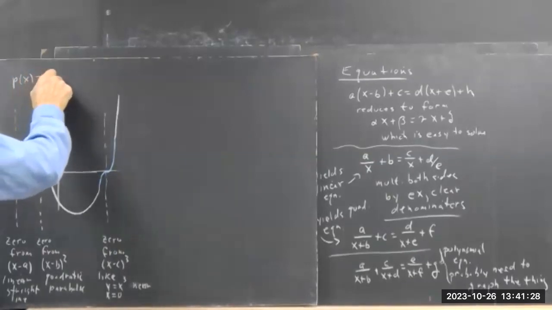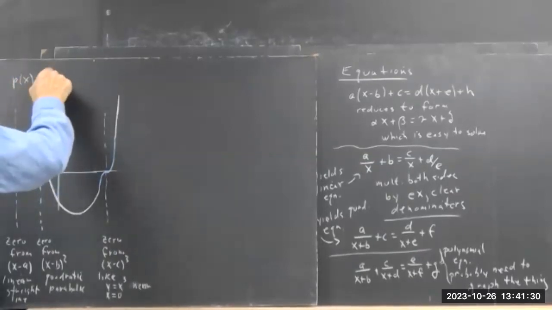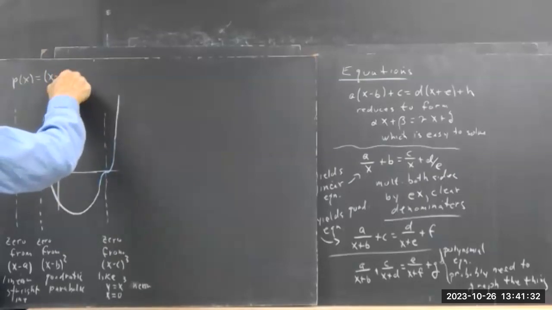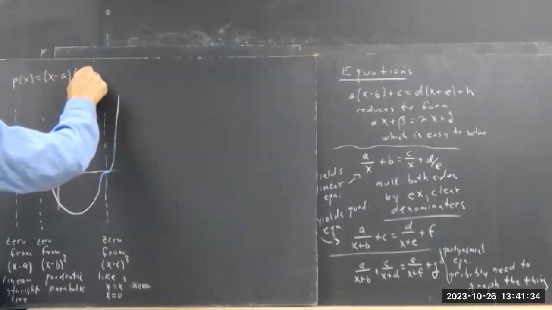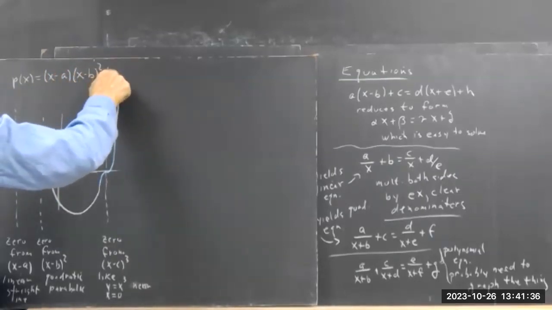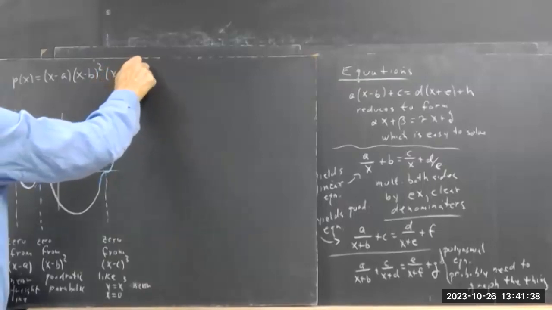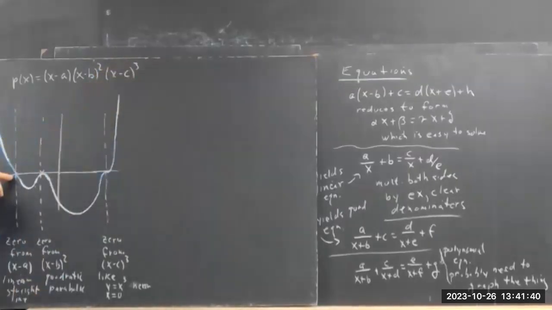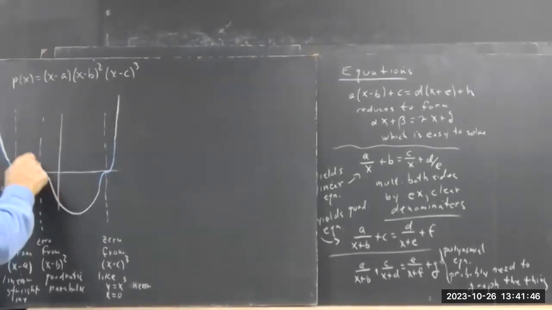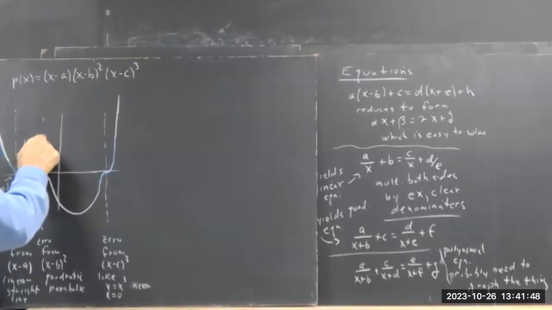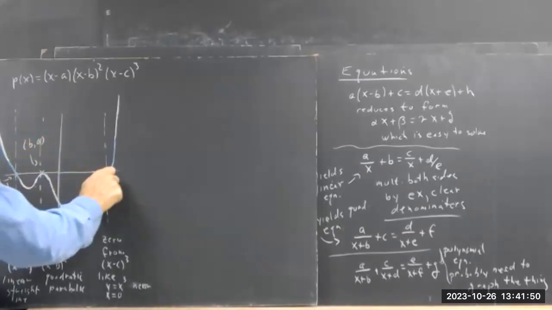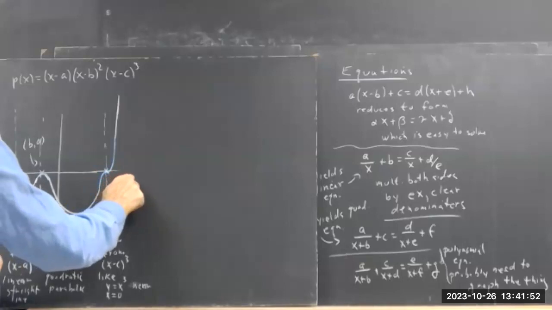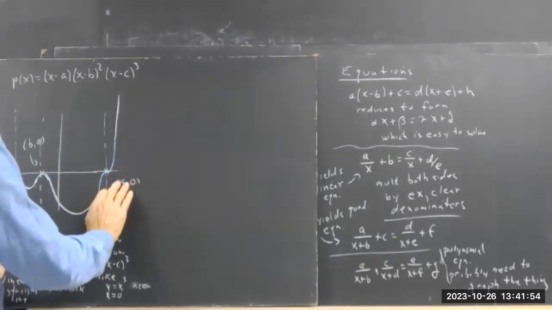P of x equals some number times x minus a times x minus b squared times x minus c cubed. Where the coordinate here is a, 0, the coordinate here is b, 0, the coordinate here is c, 0.